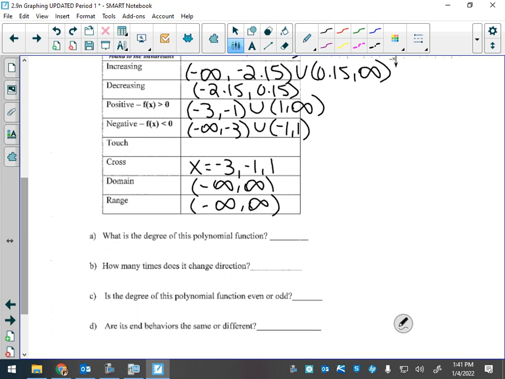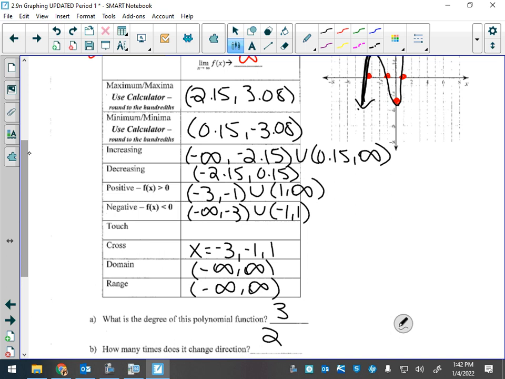What is the degree of this function? Esteban. 3. Genevieve, change directions. 2. Good. Is the degree even or odd? Grace. Good. Is the end behavior same or different? Taylor. Good. Excellent.